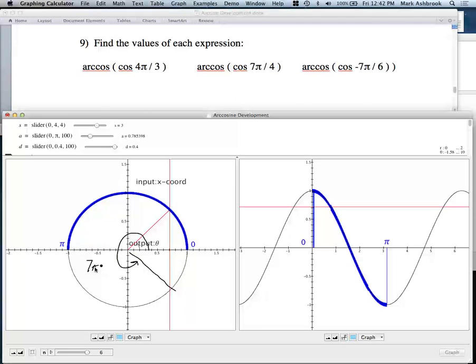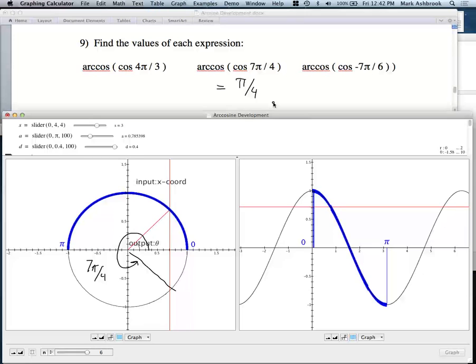That's 7 pi over 4. And so she's got an x-coordinate of positive radical 2 over 2. And so therefore, our arc cosine of that x-coordinate, Leah, pi over 4. Are you following this?